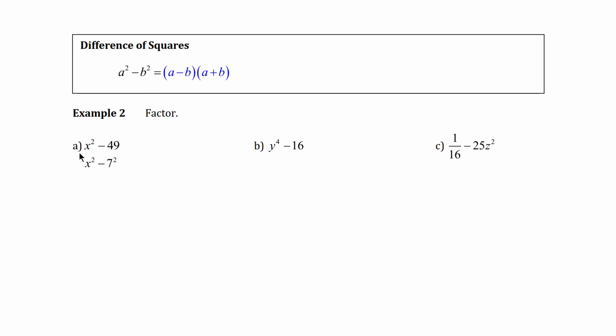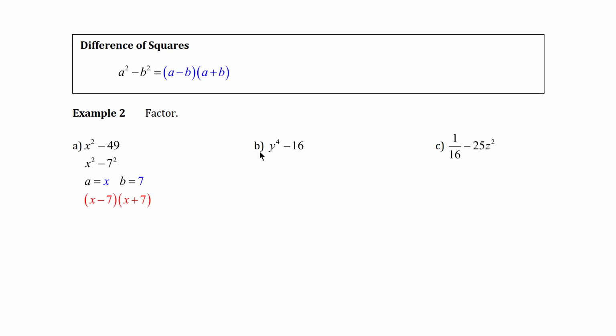We start by taking the square root of x squared, which is x, so a is equal to x, and then we take the square root of 49, which is 7, so b is equal to 7. Next, we substitute our values for a and b into the formula parentheses a minus b times parentheses a plus b. We get our final answer as parentheses x minus 7 times parentheses x plus 7.